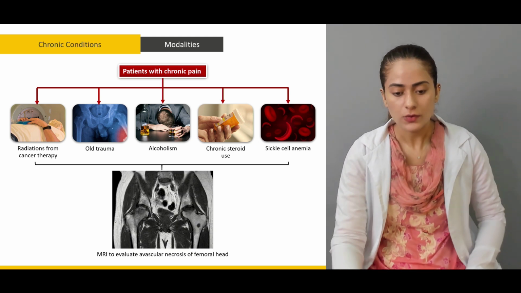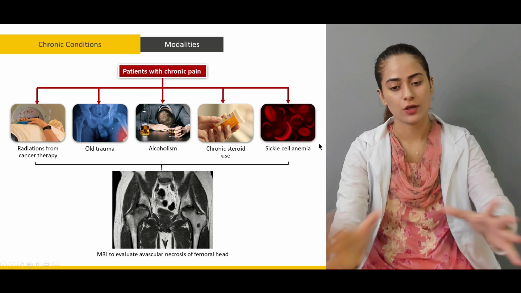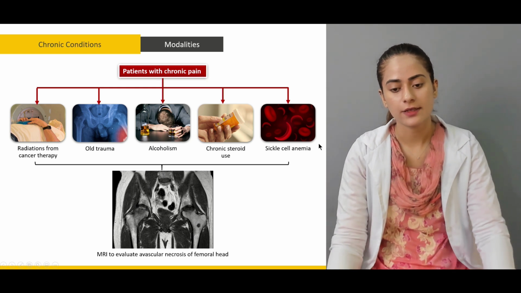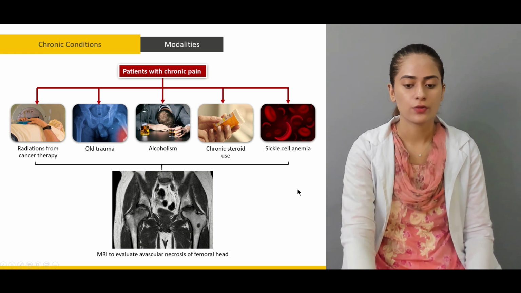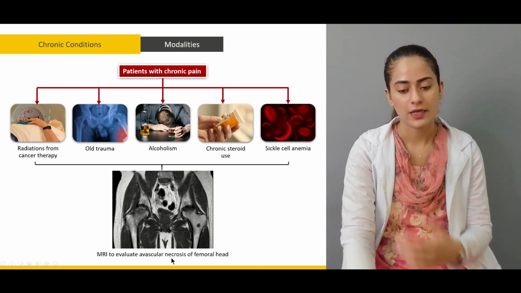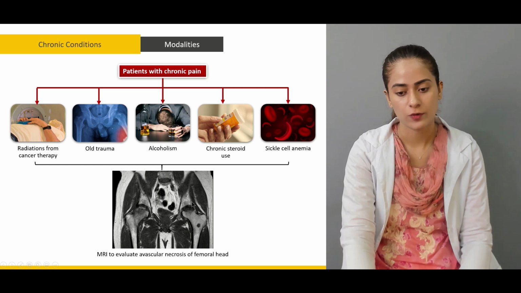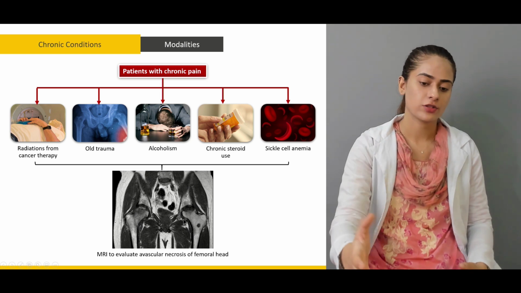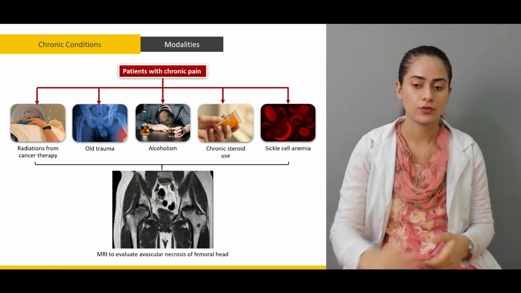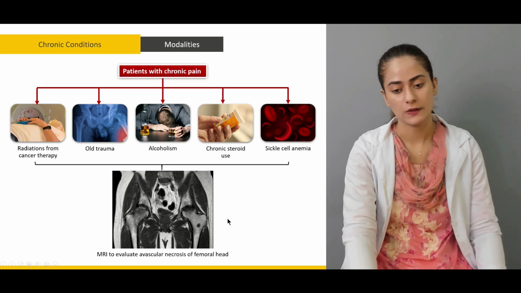If there are any of these causes, then you ask for an MRI to diagnose. So this is avascular necrosis visible here and here, and also some changes happening here. This is an MRI of a person who has sickle cell anemia.